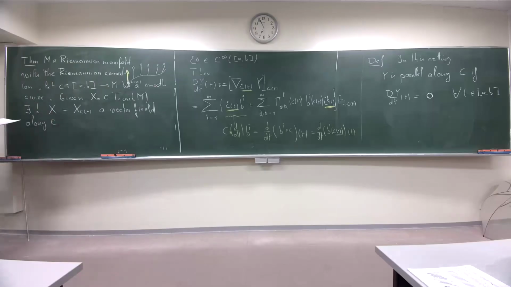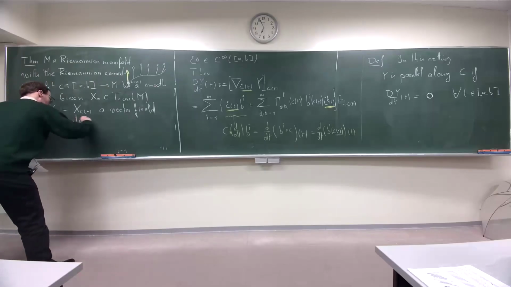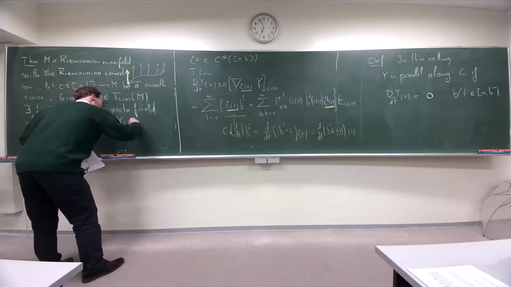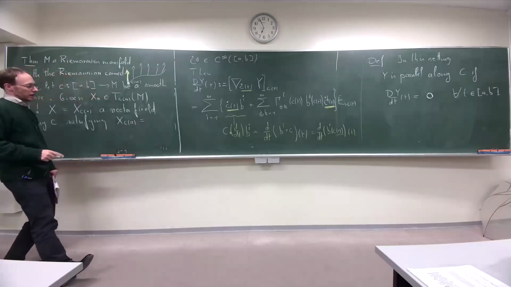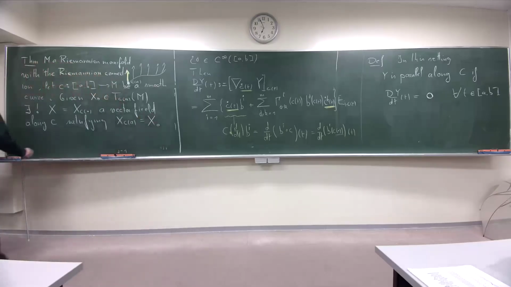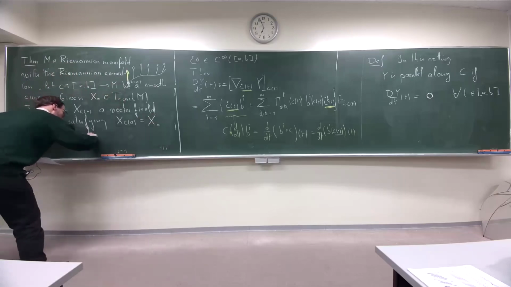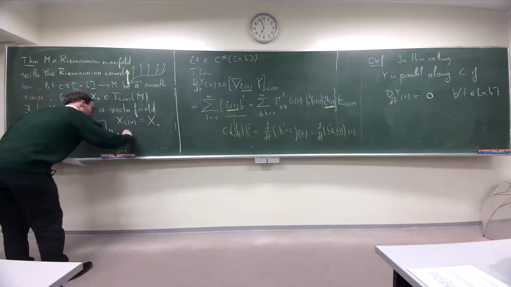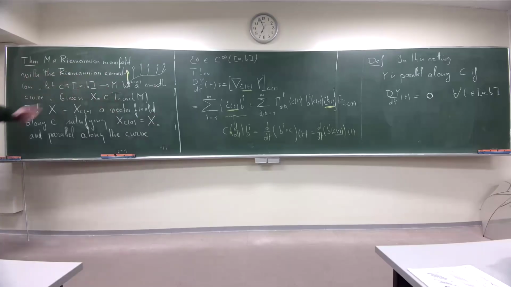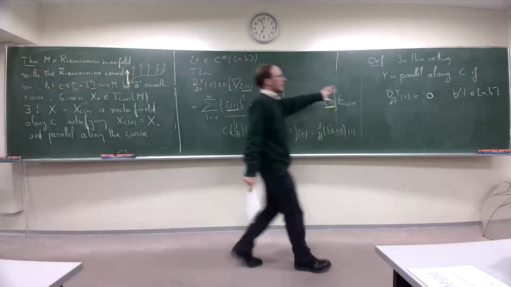The vector field along C satisfies that at the initial point, it's this one, and parallel along the curve, which is exactly this picture. So given one initial vector, there exists a unique way to transport it, satisfying this.